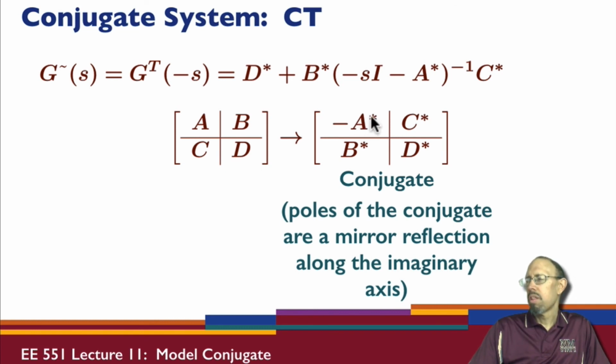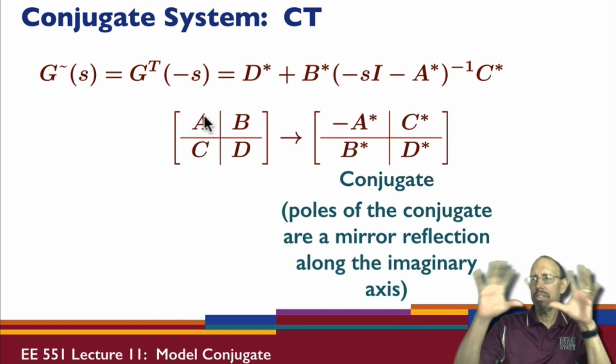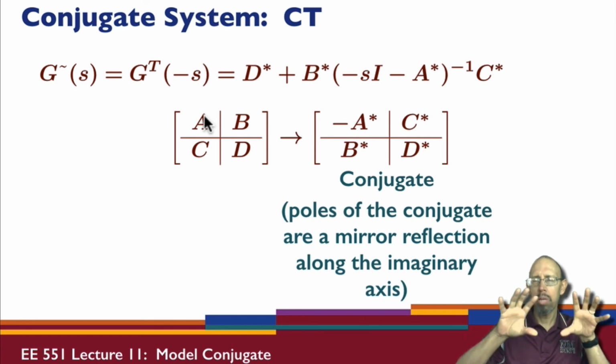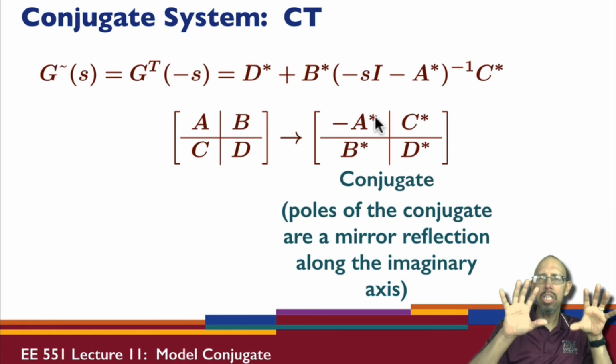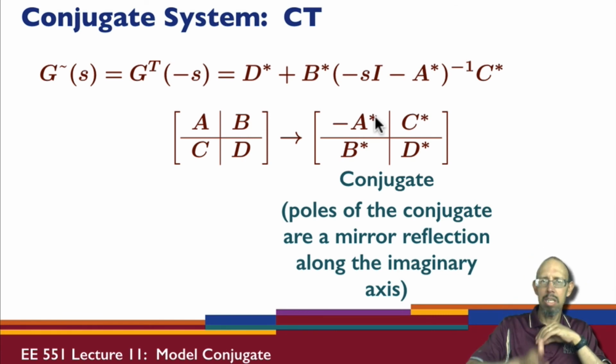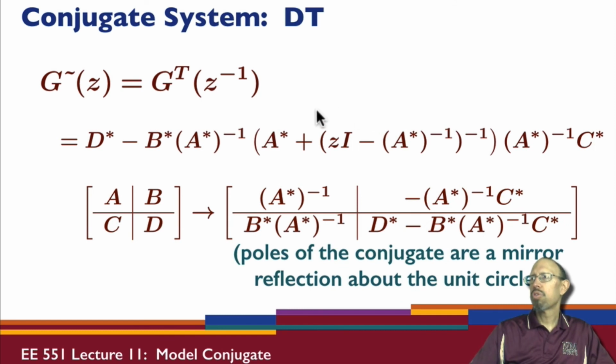So those are the same. However, when I multiply by a negative sign, it negates all the eigenvalues. So in general, my matrix A may have some constellation of poles if you were to plot them. When you do this, minus A adjoint, they become the mirror image of those poles with respect to the imaginary axis.